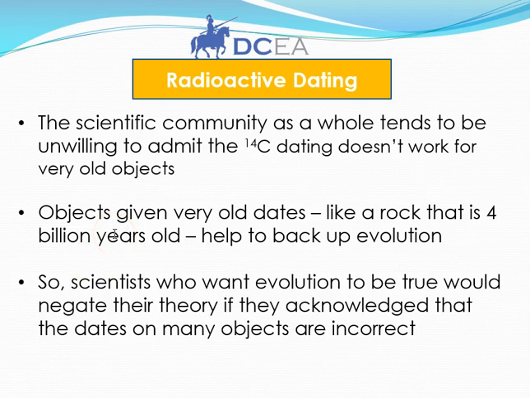So the scientific community as a whole tends to be unwilling to admit carbon-14 dating doesn't work for very old objects. When objects are given very old dates, like a rock that is 4 billion years old, this helps to back evolution. So scientists who want evolution to be true would negate their own theory if they acknowledge that the dates on many objects are incorrect.